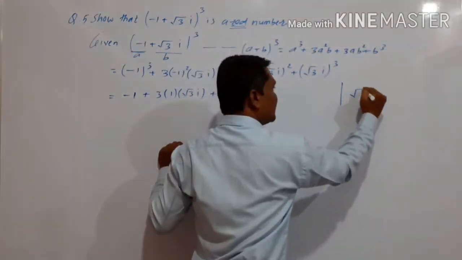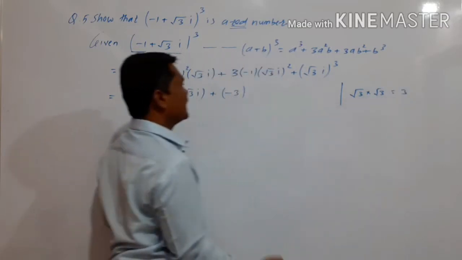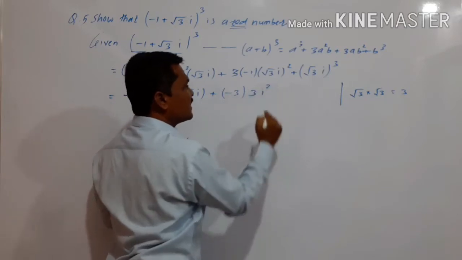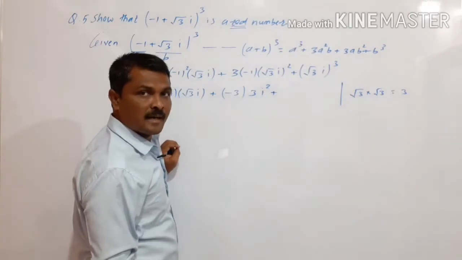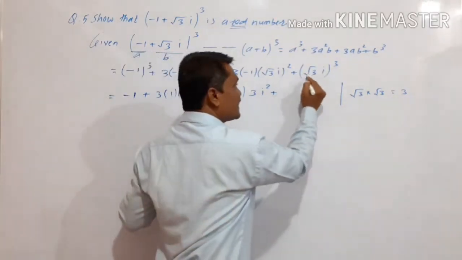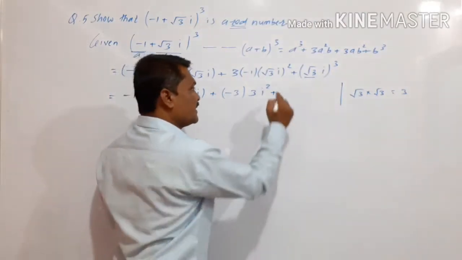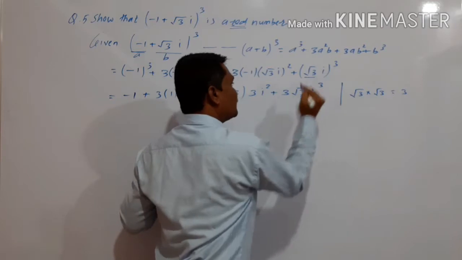Square of √3 is √3 into √3, which is 3, and square of i is i². Now the cube of √3i means √3 into √3 into √3, three times, which is 3√3, and i³.